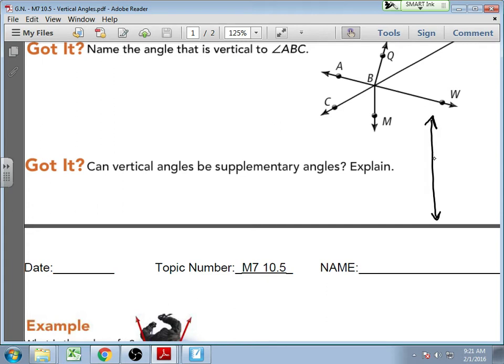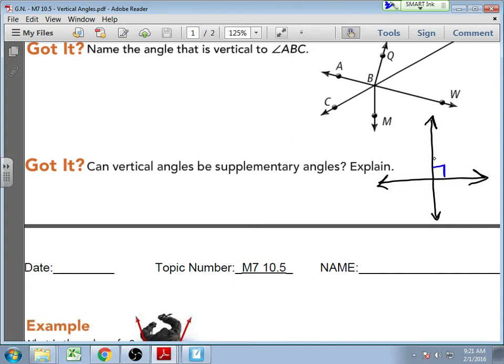How should I draw my other line? Oriana? Brandon? What angle do I want to create? A right angle. So when I draw my other line, I want to make it perpendicular. And then I'm going to label 2 opposite angles.